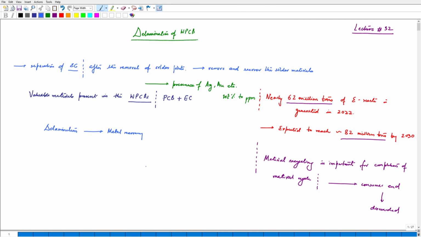And this basically is oriented towards copper and other metals, other base metals, followed by other precious metals. So the first option would be to recover the base metals, and then we go ahead for the precious metal. And we know that this is possible only when we are doing delamination properly.